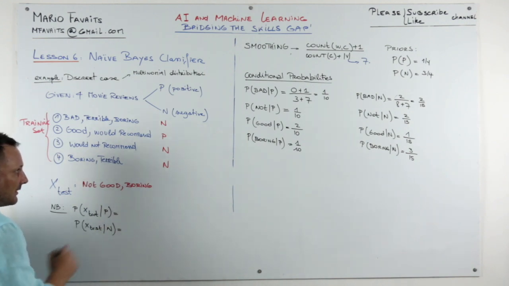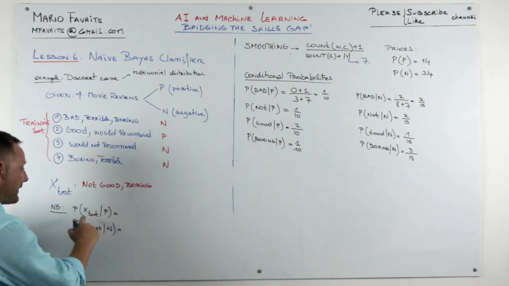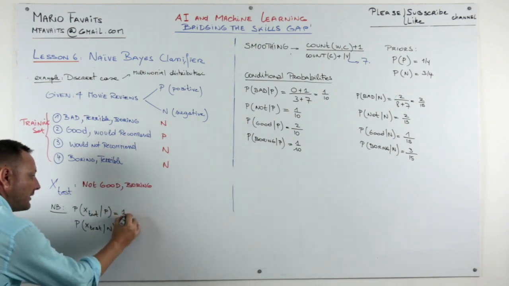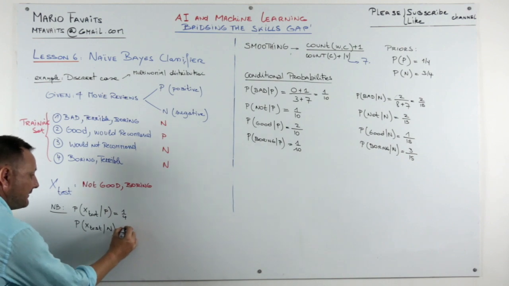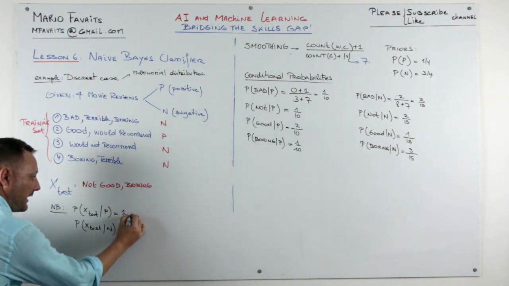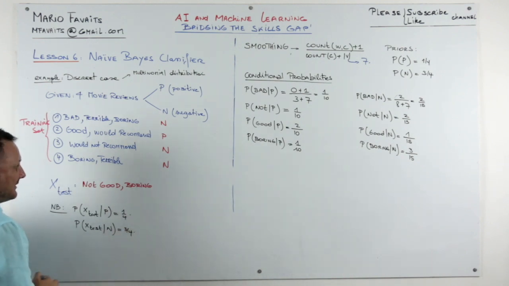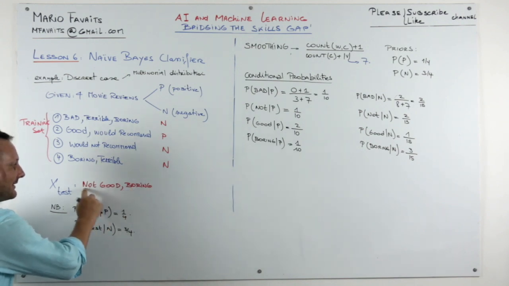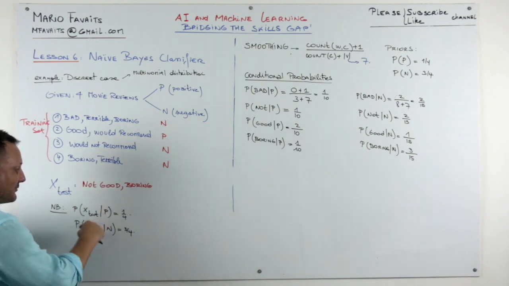So we first have to get the priors. The priors for positive is 1 out of 4, and for negative is 3 out of 4. And then we need to multiply with the probabilities of these words in these two classes.